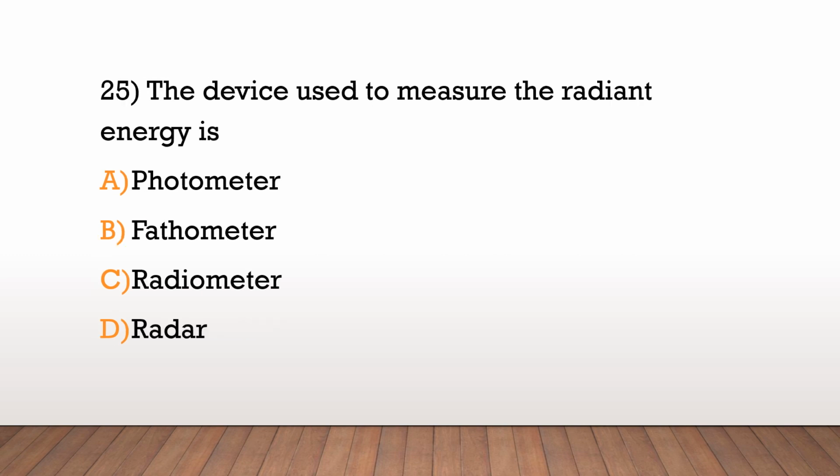The next question is the device used to measure the radiant energy is A, photometer, B, fathometer, C, radiometer, or D, radar. The answer is C, radiometer.